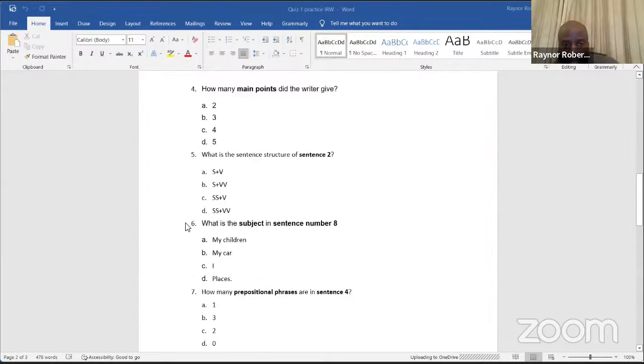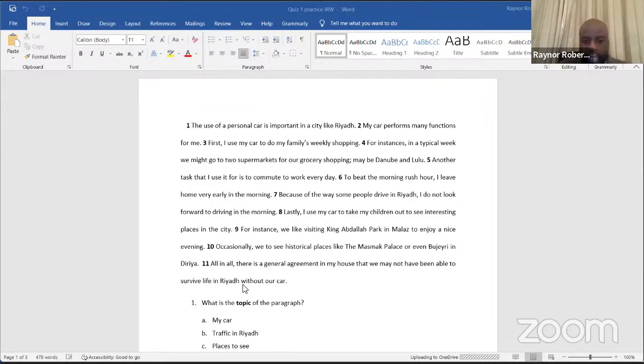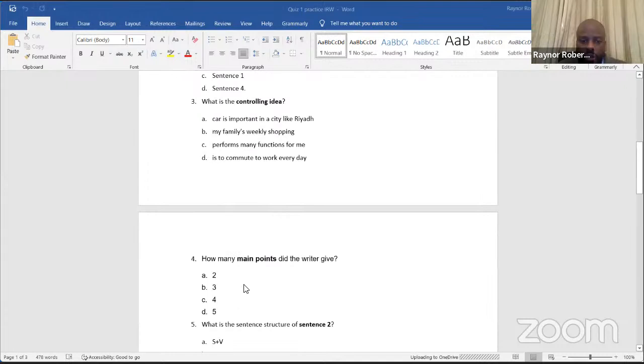All right. What is the subject in sentence number 8? Look at sentence 8: Lastly, I use my car to take my children out to see interesting places in the city. What's the subject?